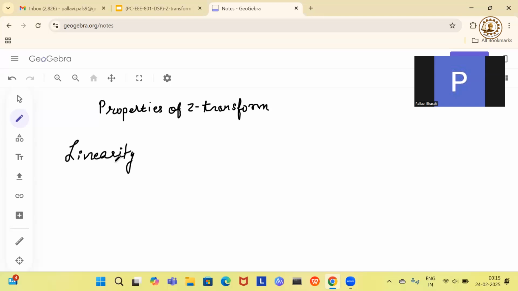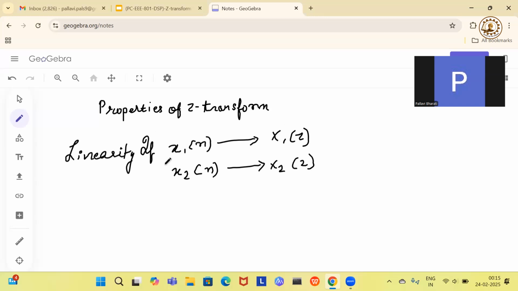If you are having two discrete time signals, say x1[n] and x2[n], and the Z transform of x1[n] is X1(z) and the Z transform of x2[n] is X2(z), then if you combine these two signals, x1[n] plus x2[n], the Z transform of this will be the combination X1(z) plus X2(z).